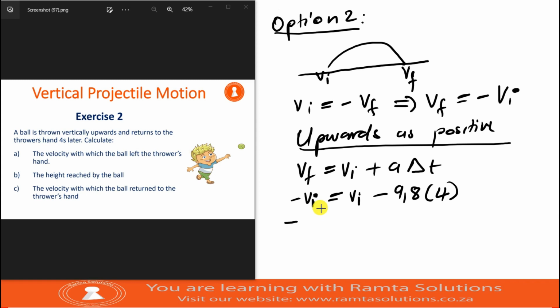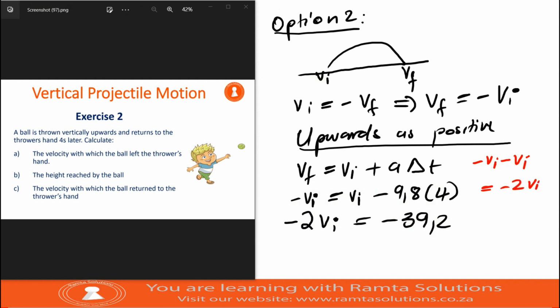Now we have minus VI. If I take VI to the other side, we will have negative 2 VI equals negative 39.2. Yeah, 9.8 times 4 is 39.2. Okay guys, if I somehow confused you here, what I had said was this is minus VI. This VI goes to the other side, it will be another minus, so this will be minus 2 VI, like terms.